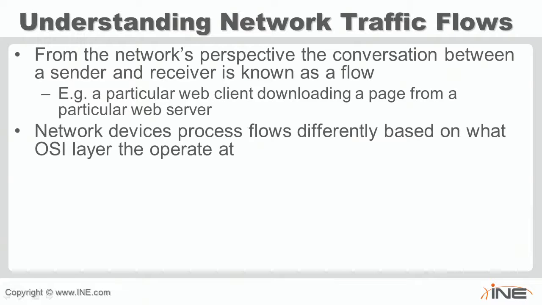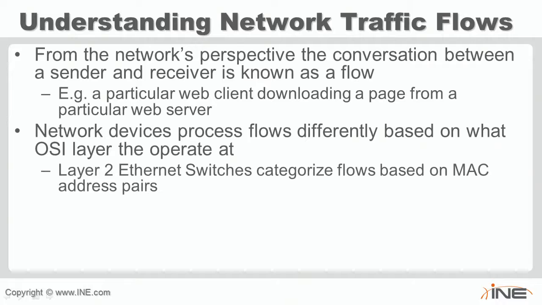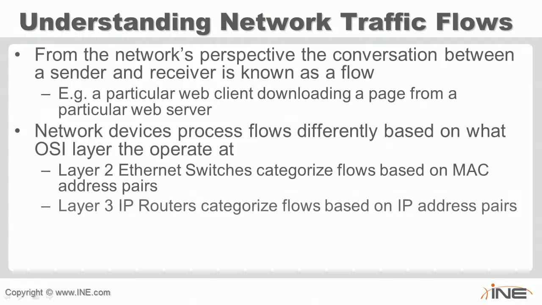A layer 2 Ethernet switch is going to be categorizing flows based on layer 2 MAC addresses, or essentially the hardware addresses of the sender and the receiver. A layer 3 IP router may be categorizing the flows based on IP version 4 addresses or IP version 6 addresses.